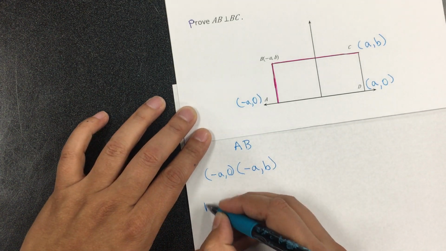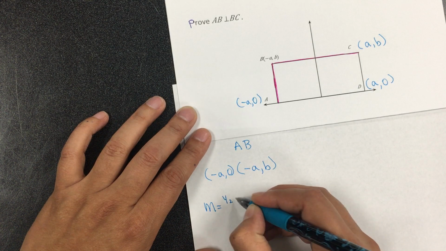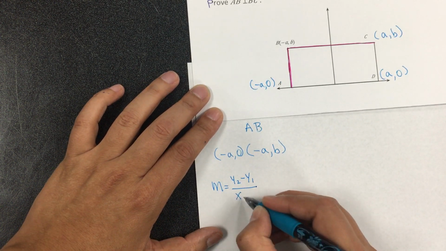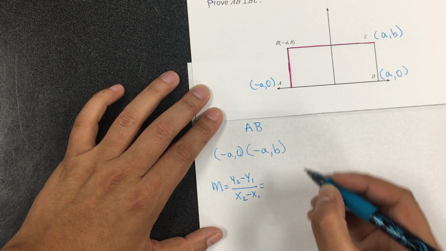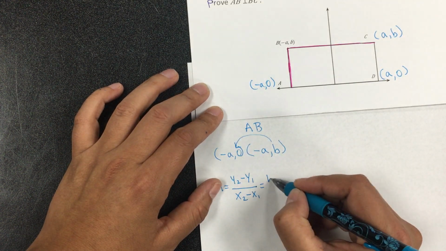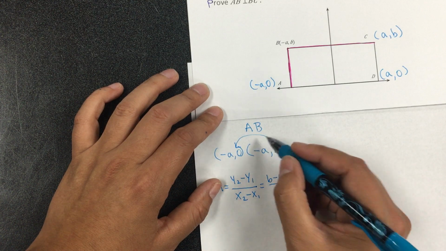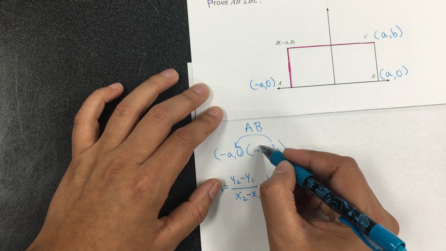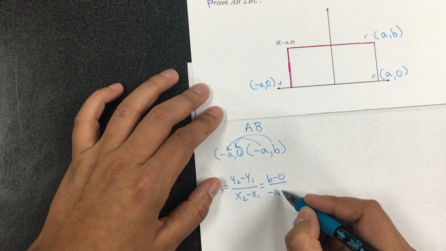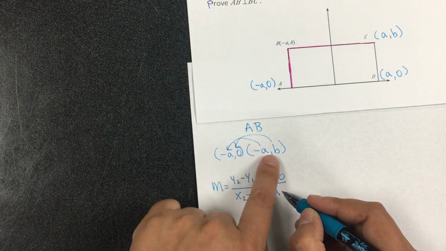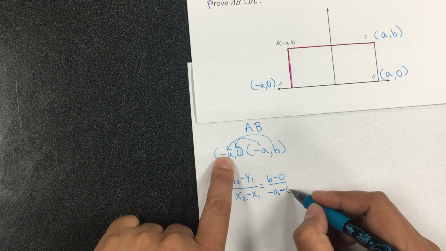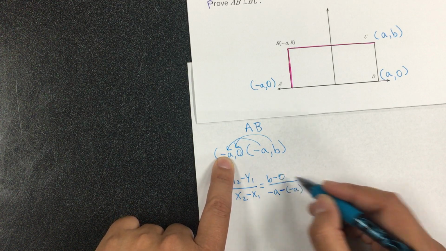And so my slope is, again, y2 minus y1 over x2 minus x1. And so y2, b minus 0. And then x2 minus x1, negative a from here, minus from the formula, negative a from the other one.